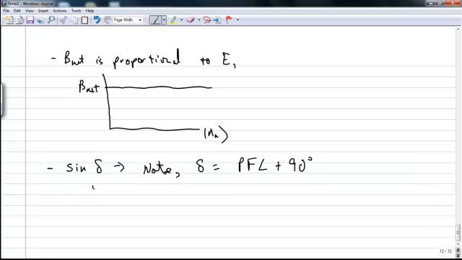So sine delta is equal to the sine of theta r plus 90 degrees, which is equal to the cosine of theta r, which is the power factor of the motor.